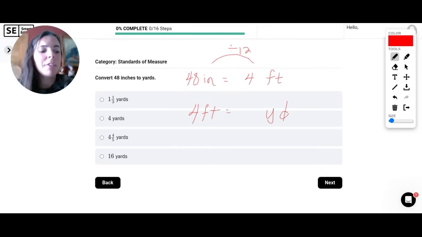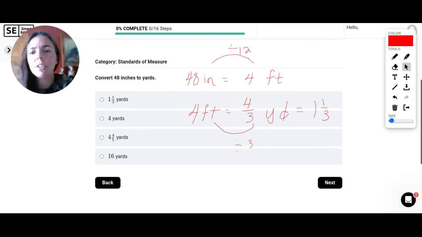So what I have to do here is I just have to divide by 3. So 4 divided by 3 would just be 4/3, or it looks like my answer needs to be a mixed number because I don't see 4/3 as an option. So 4/3 would be 1 1/3. So 1 1/3 yard.